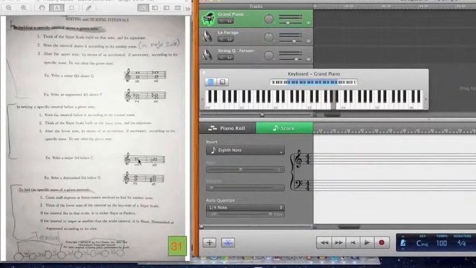But since it's C natural, right here, it's taking it down from a major third, collapsing it in a half step. So if you remember, that makes it a minor third. And then we wouldn't add any accidentals. Minor third.